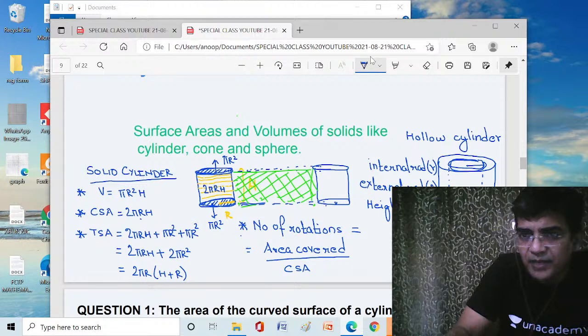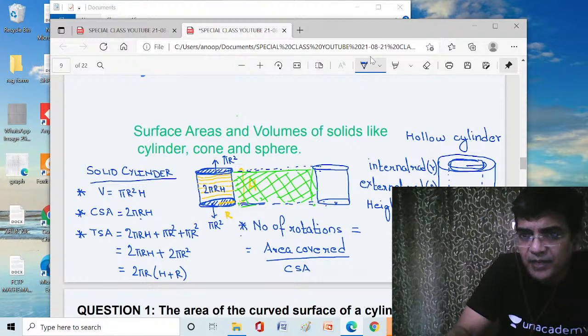So see what I will do over here. I will find volume using the external dimension. So volume formula is pi r square h, so I will be using pi R square h. Then I will find the volume using the internal dimensions. Now the internal formula will be the same, but instead of capital R, you will be using small r now.